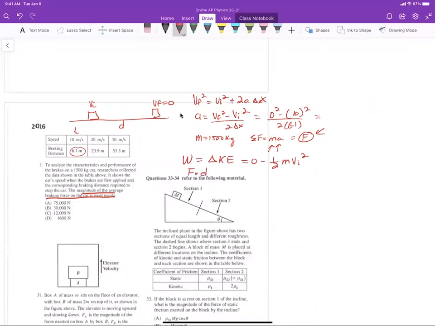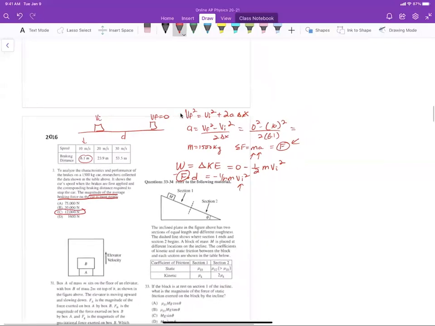The braking force is in the opposite direction, so that will be negative. We have 1/2 m v initial squared. You can solve for force that way by plugging in the initial velocity and the distance. Again, you will find that it is approximately 12,000 newtons for each case. I would do 2, and then I would move on.